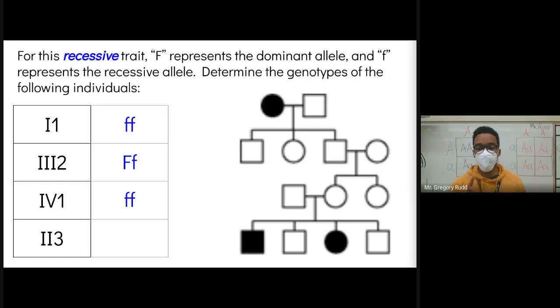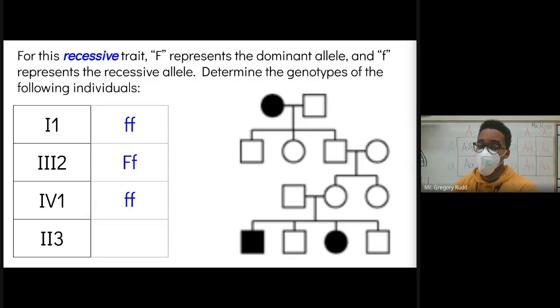In fact, I think I got this one wrong, actually. Well, not wrong, but not totally correct. This could be either. We don't know exactly what this person's genotype is. They could be heterozygous, or they could be homozygous dominant. We don't know enough information about them.